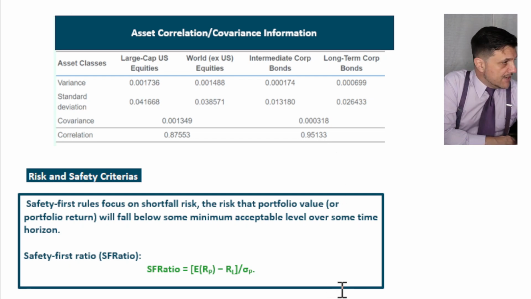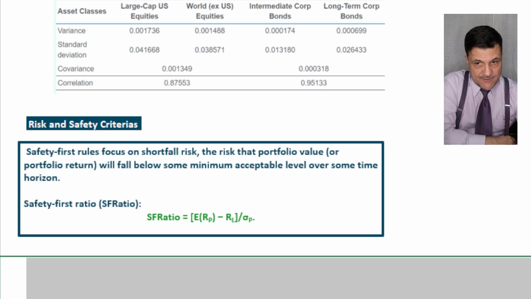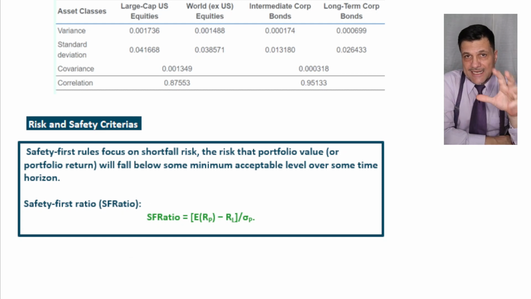All right, let's finish this video with the risk and safety criteria. I think that's important here. So safety rules is this: how much the client needs. Let's select portfolios according to how much the client needs. So it's based on safety. I need at least X% return every year.